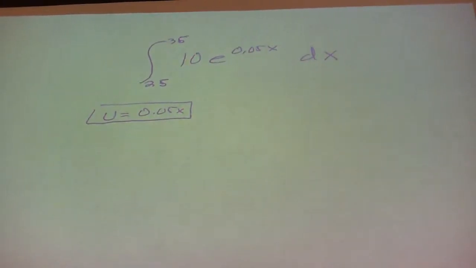Do the u substitution, plug in the numbers, and subtract, 25 to 35. I'll take care of the average part a little bit. Don't worry about the average part, but use this as practice for u substitution.